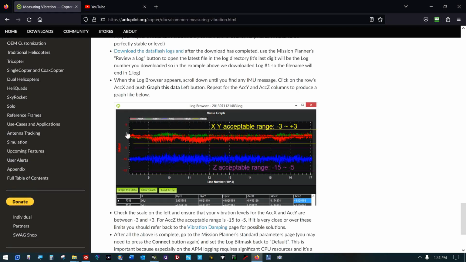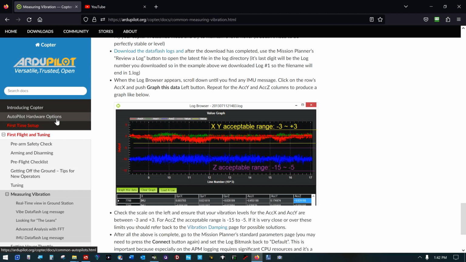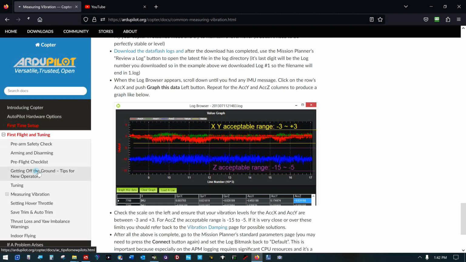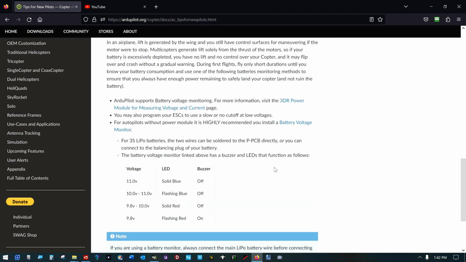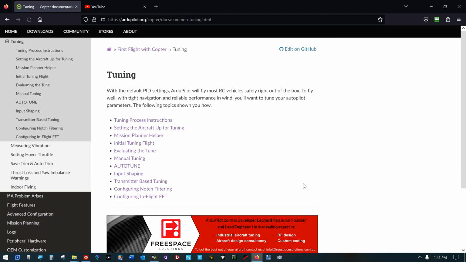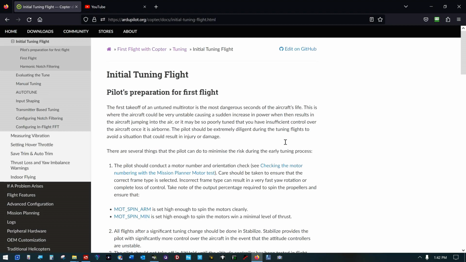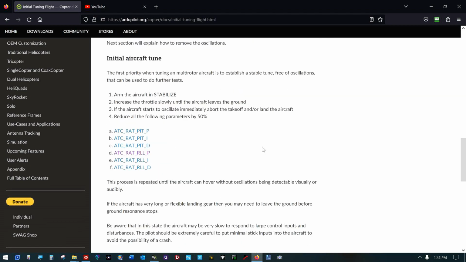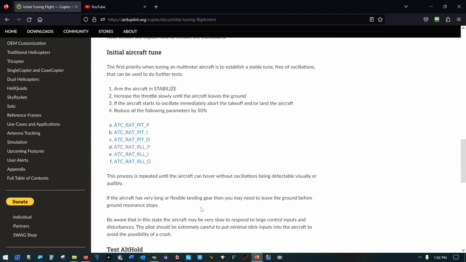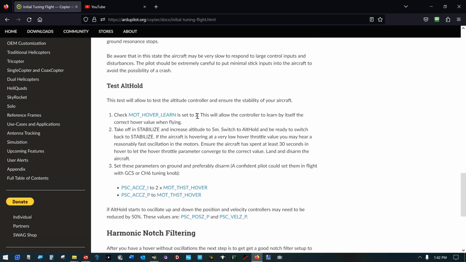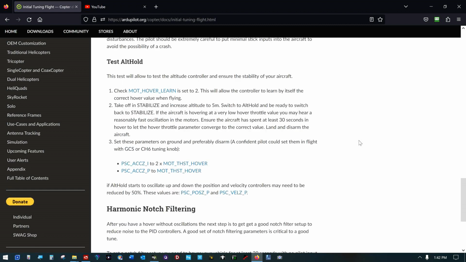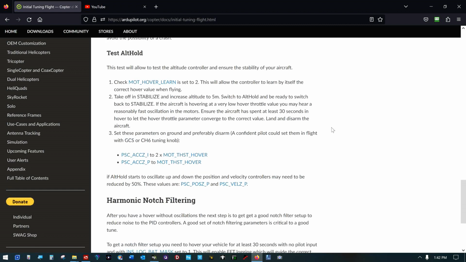Now another thing in this, picking back up where we were. We were here. And we had just finished this section right here. Now, I actually did test this. Alt hold, you saw me do it. I have never seen this before.